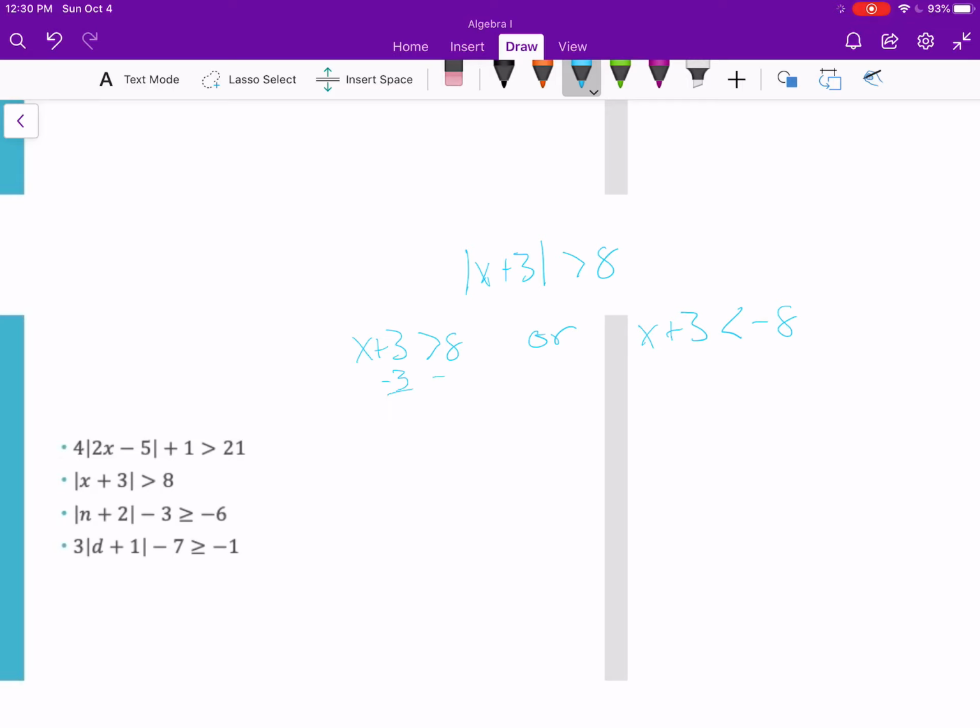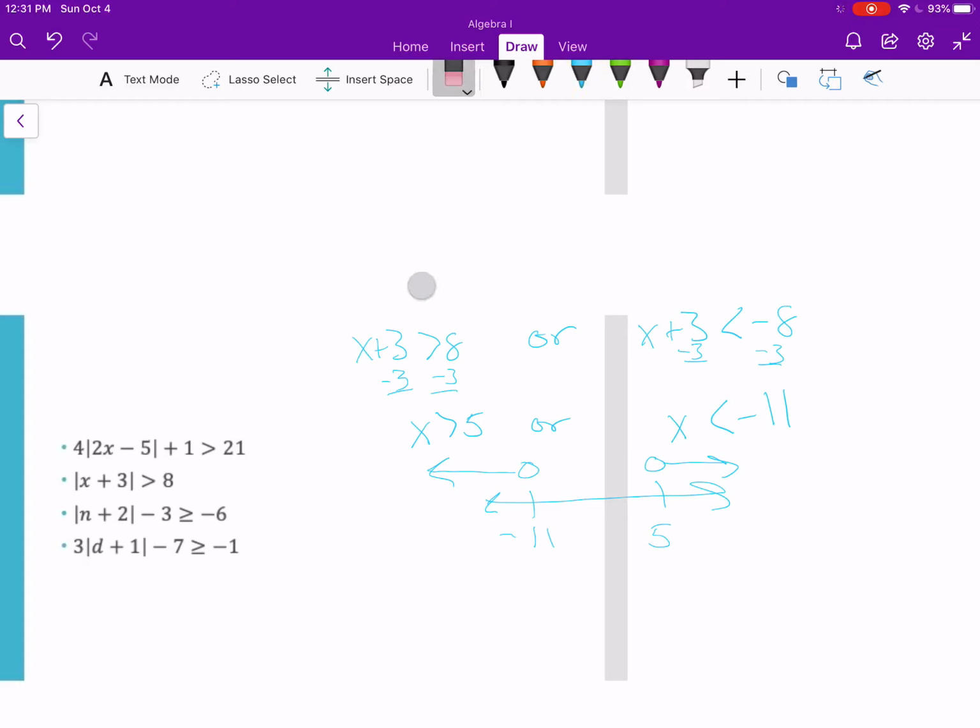Solve those. So x is greater than 5, or x is less than negative 11. Draw your line. Here's negative 11, here's 5. They're both open. Greater than 5, less than negative 11.